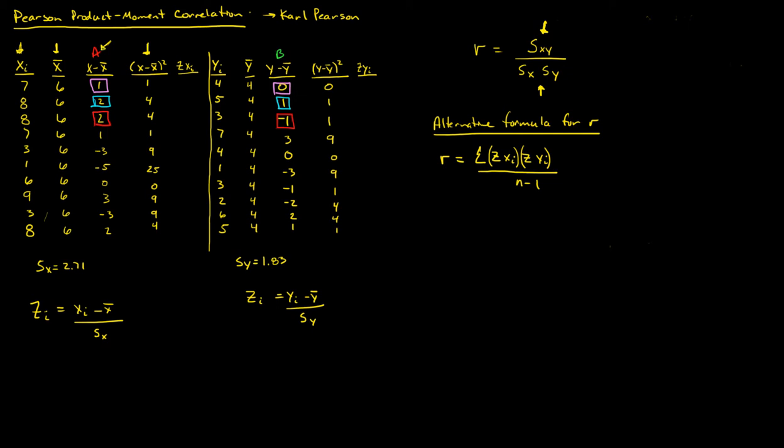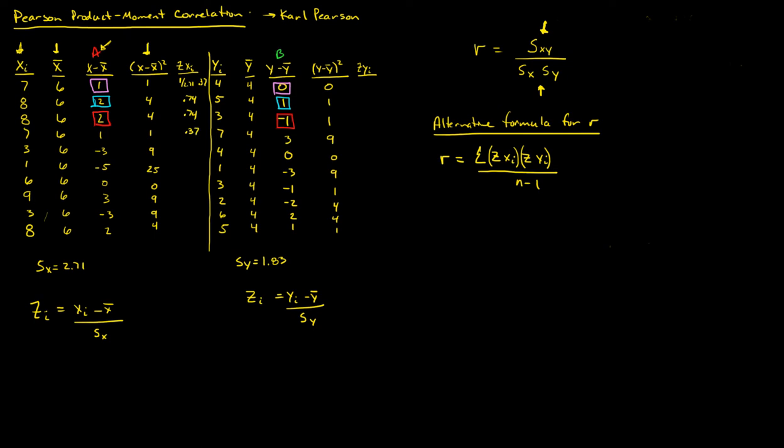You're going to take 1 divided by 2.71. This would give you 0.37 as a z-score. If you did 2 divided by 2.71, you would get 0.74. Another 2 divided by 2.71 would give you 0.74 again. Just keep doing the z-score formula.